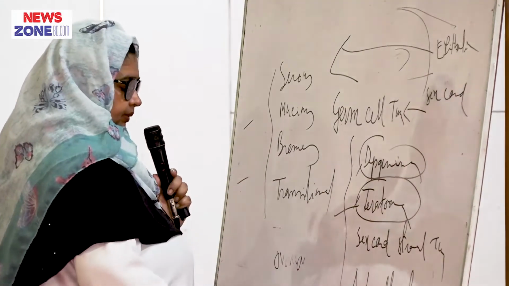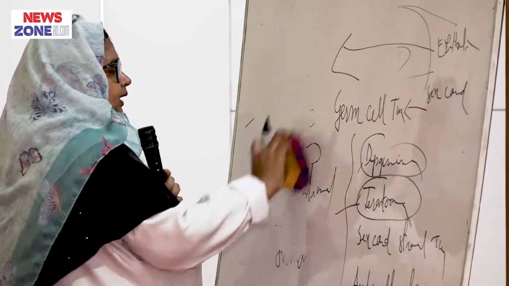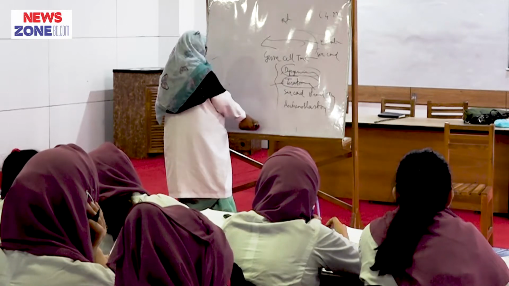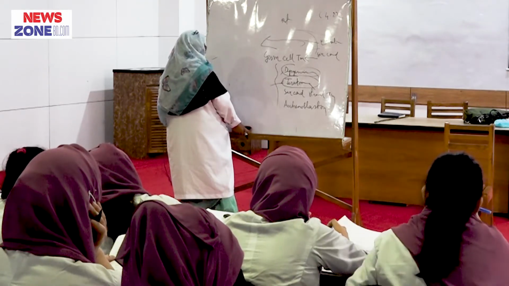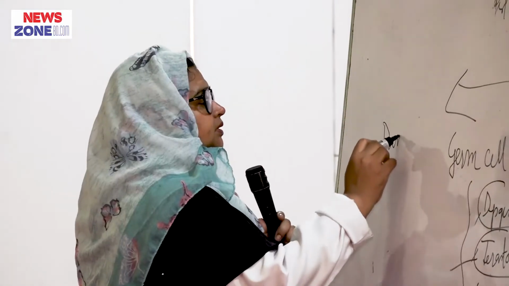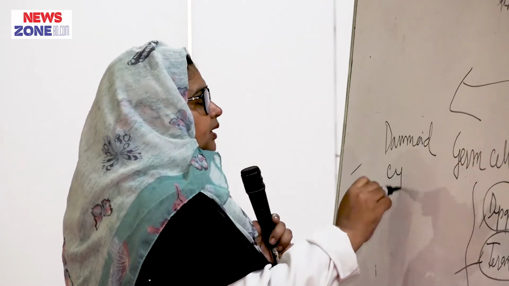Teratoma, in its benign form, what is the common tumor? Dermoid, very good. Who told? Very good. You saw it, dermoid. Dermoid cyst is the most common, in the middle age group. What is interesting about the dermoid tumor?